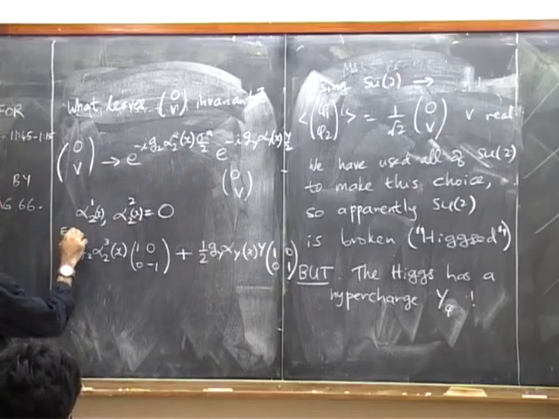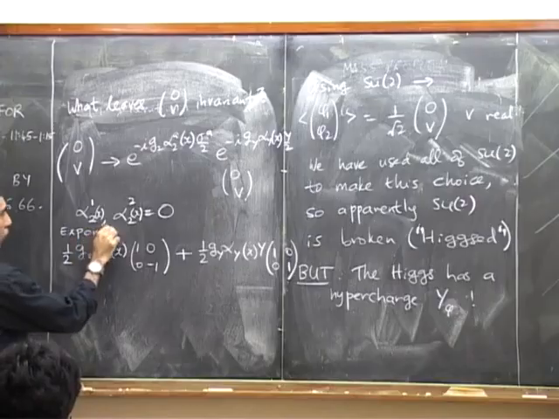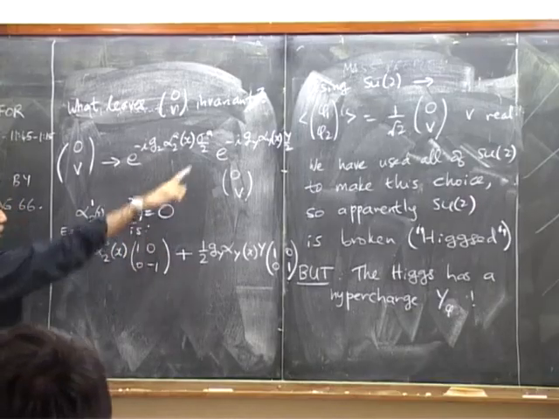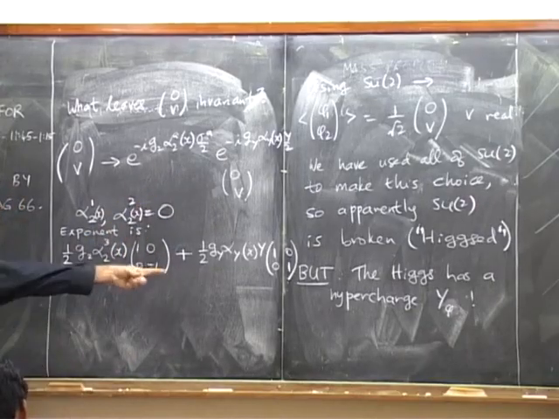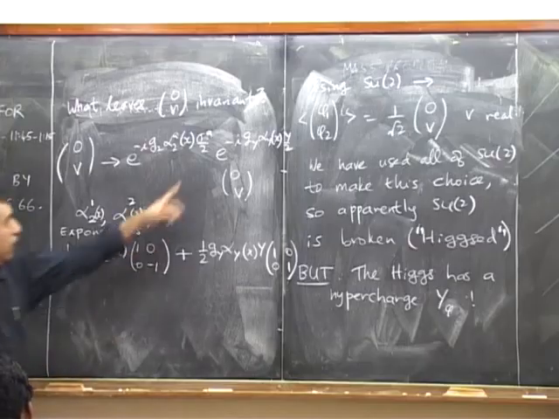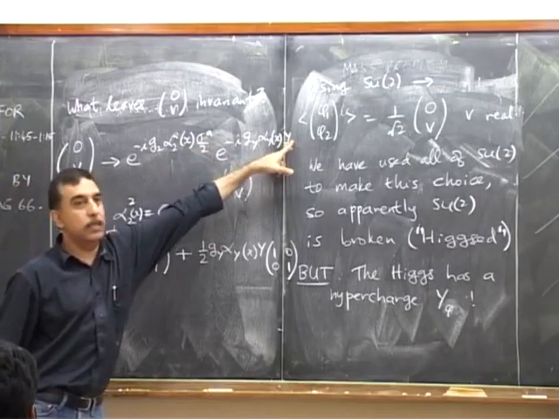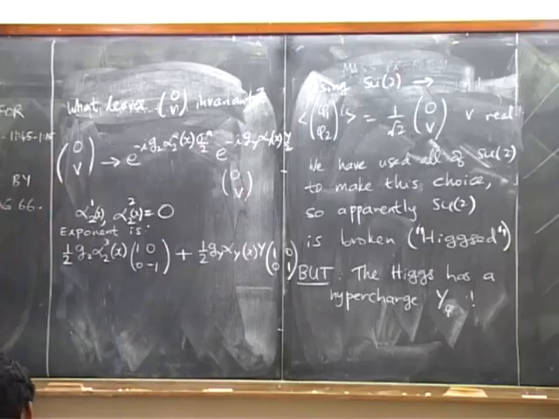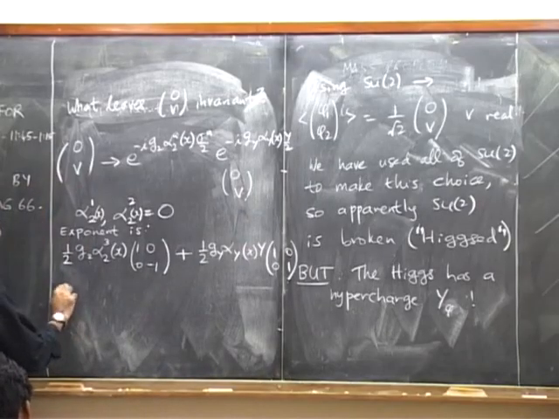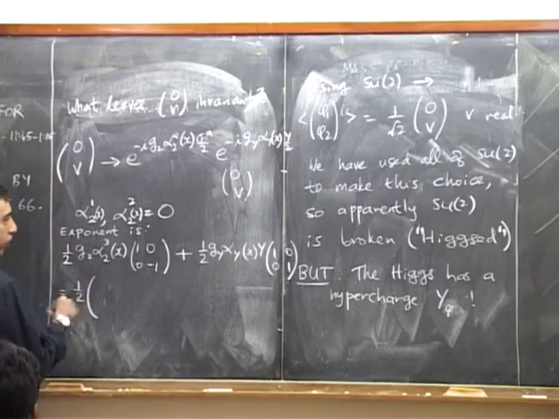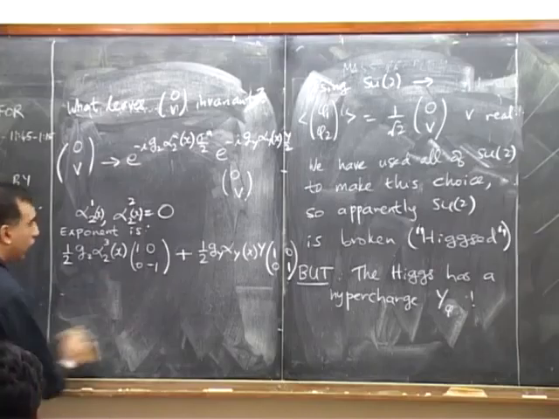I've just rewritten that exponent without the minus i and putting in sigma 3, and here of course since there is no matrix, this is proportional to 1. So this whole thing is actually equal to a half. This is easy enough.